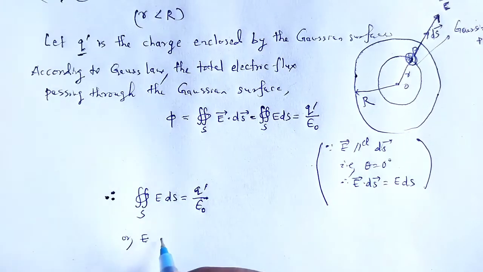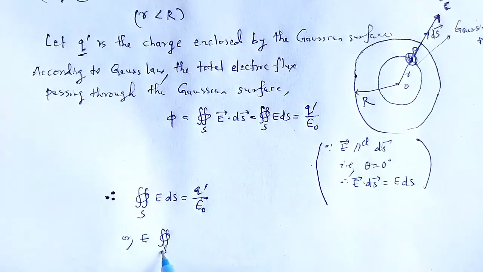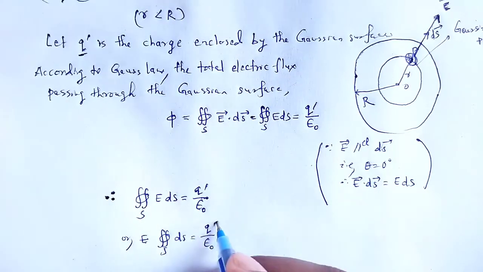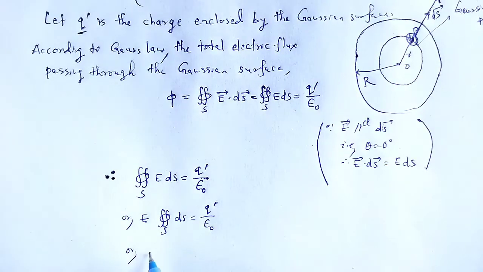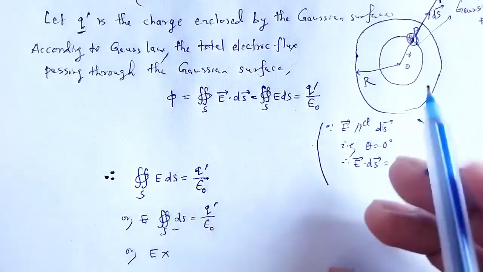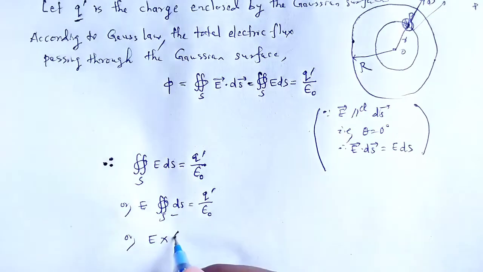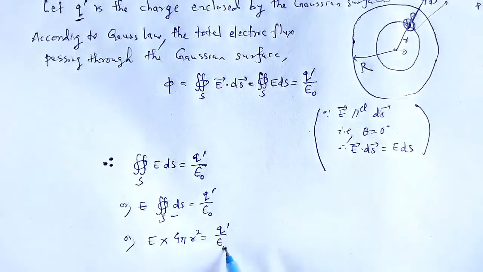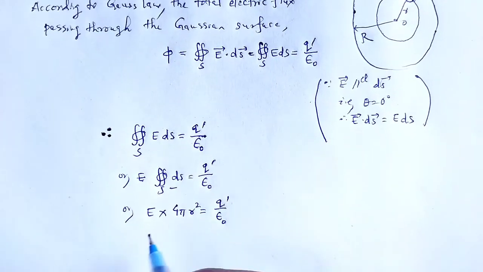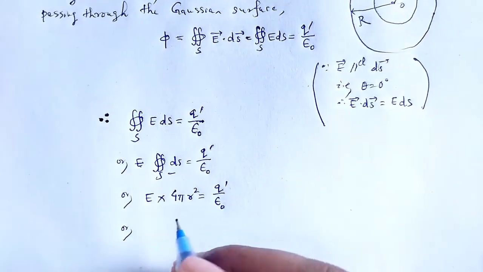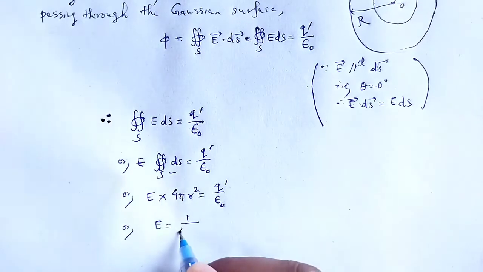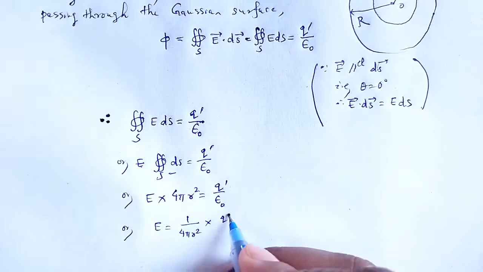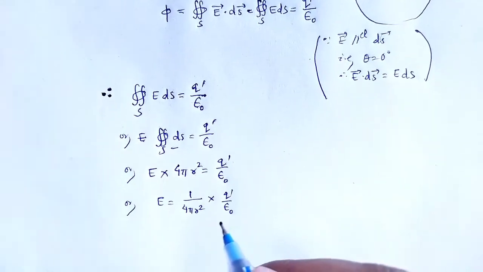With the total surface area 4 pi r square, E into 4 pi r square is equal to q dash divided by epsilon naught, or E is equal to 1 by 4 pi r square into q dash divided by epsilon naught.